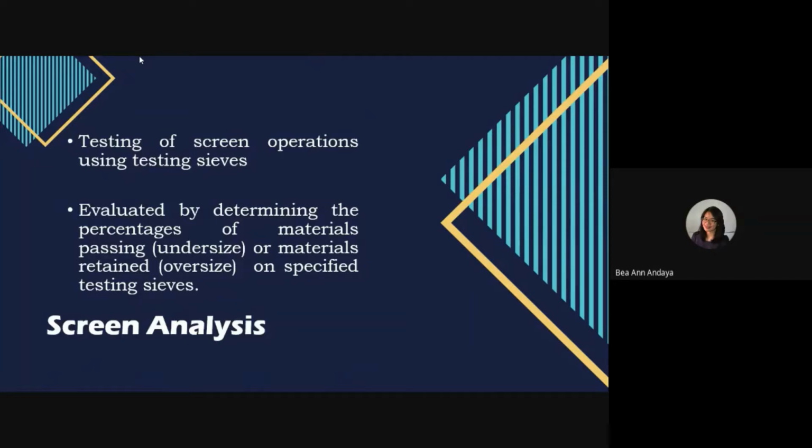Also, in screen analysis, ang goal kasi natin dito ay makuha ang percentage ng mga materials na nagpa-pass through doon sa screen or tinatawag natin ito na undersize, or kunin ang mga materials na nagre-retain doon sa ibabaw ng mga screen or tinatawag natin sila na oversize for that particular screen.